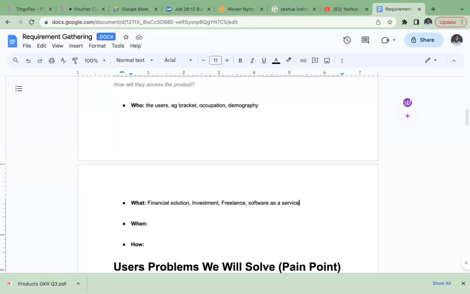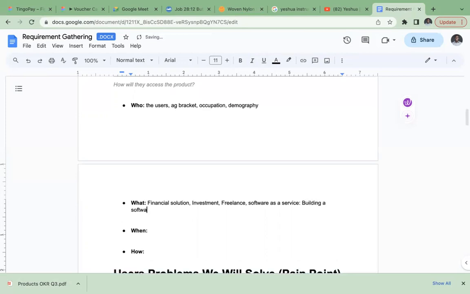Do you understand? A typical example is a payment gateway. Building a software that can, I'll explain, don't worry, business to business. Yeah, B2B. Thank you.